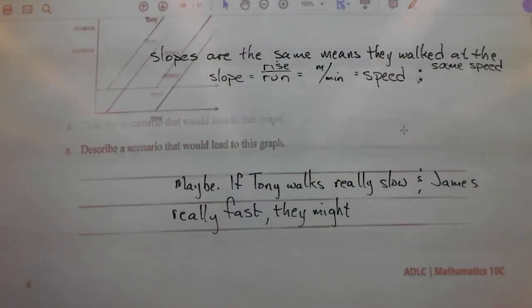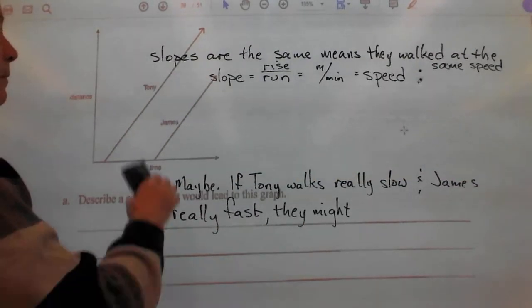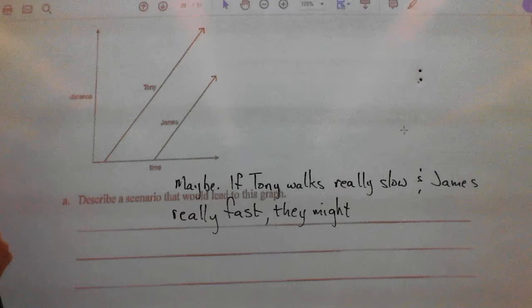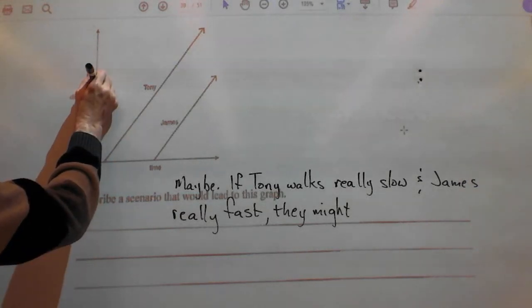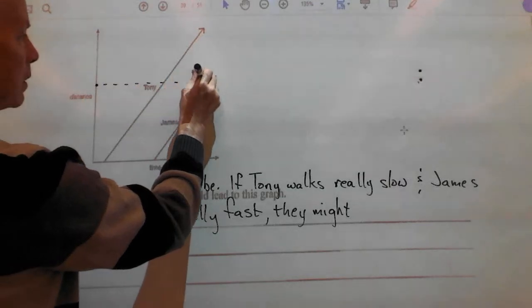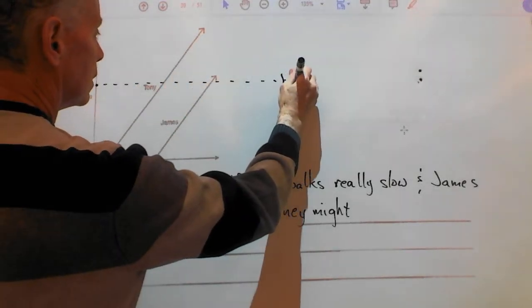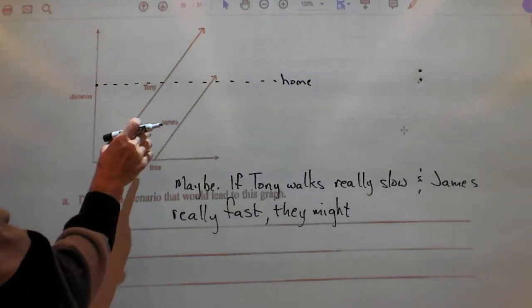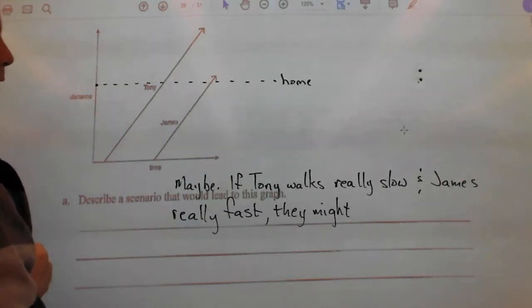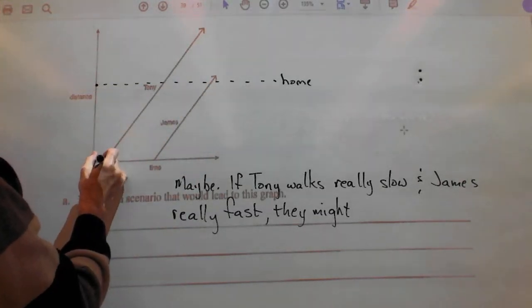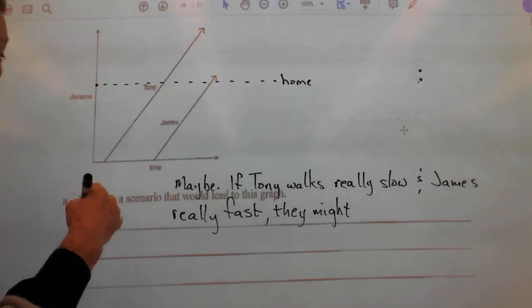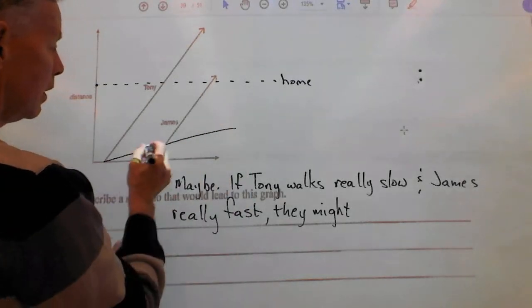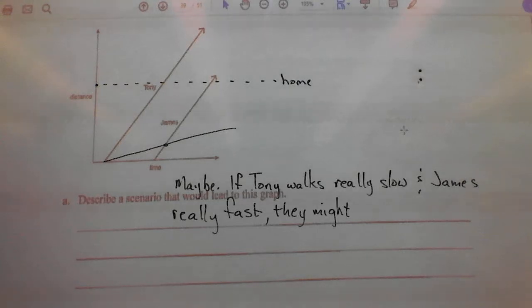So if we go back to our graph, if our graph for Tony, let's say it's at this distance, home is this far away from school, okay? So if James continues at the speed he's going and Tony walks really, really slow, remember really, really slow would be a very shallow slope, then they will meet, okay?